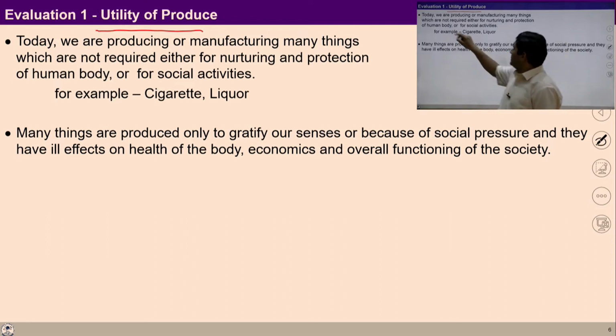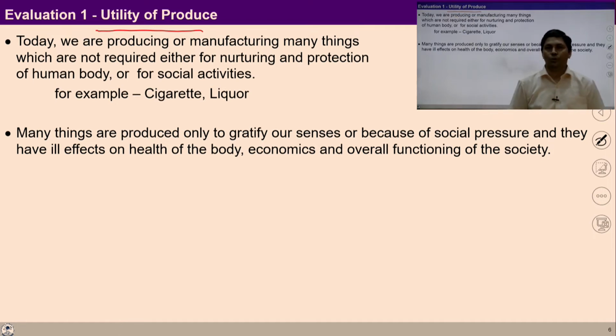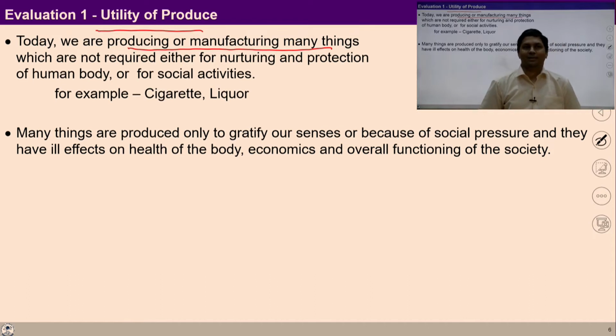So the first point is we will evaluate the system in the context of utility of produce. Whatever is being produced in the prevalent society, we will evaluate in the context of the utility of that production. Today we are producing or manufacturing many things which are actually not required either for nurturing or protection.